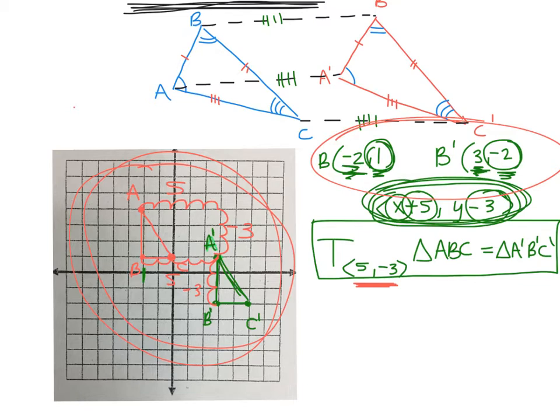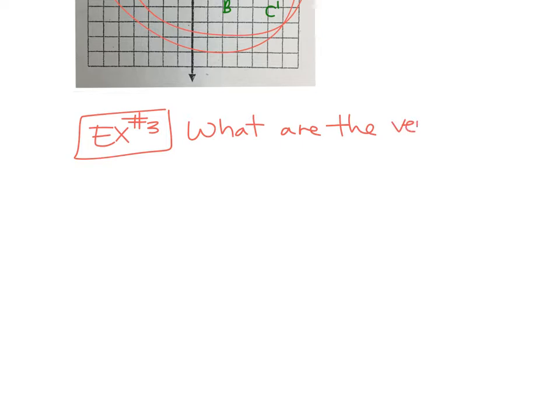Okay, so here's the deal. Let's say for this first example, which is actually our example 3, we have this question. What are the vertices of, and here's where they're naming it for you, T -3, 4 of triangle ABC.